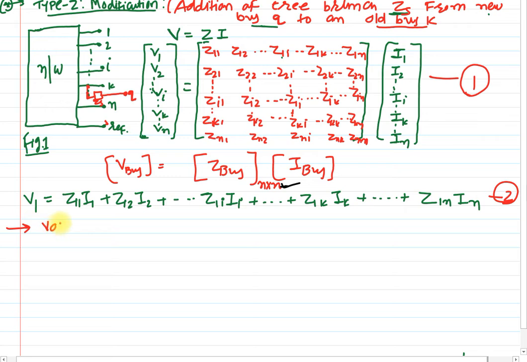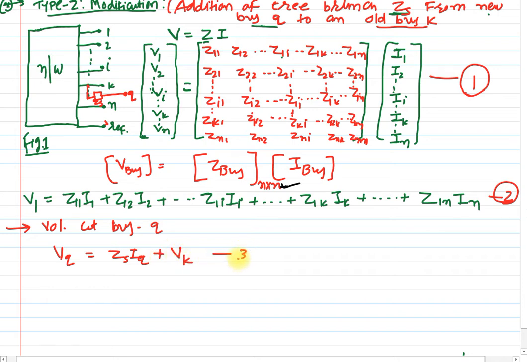So write down the voltage at bus number Q. We can write VQ is equal to ZS into IQ plus voltage at kth bus.